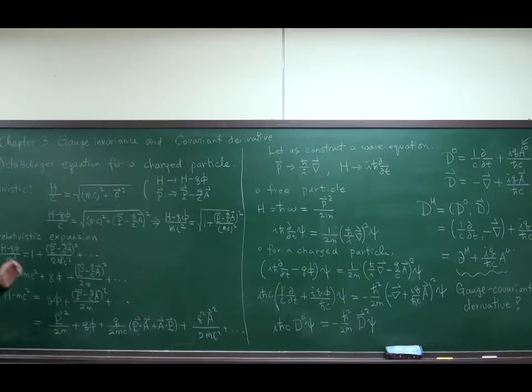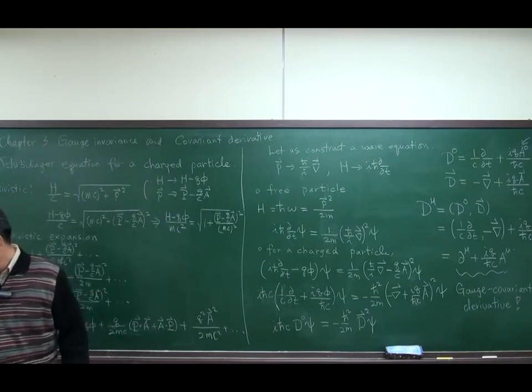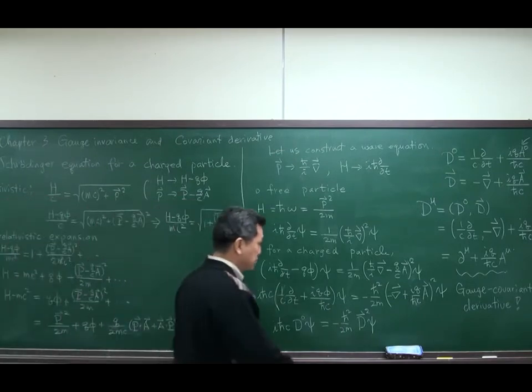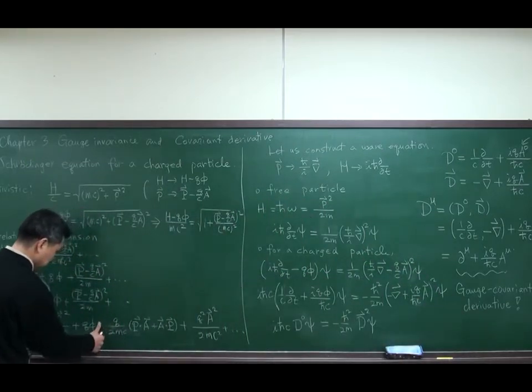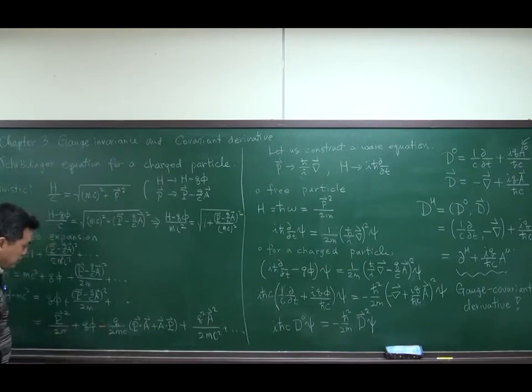If we expand this, the first term becomes the kinetic energy, p squared over 2m. And this is the electrostatic potential. And then we have the p dot A and A dot p terms, with a negative sign instead of a positive sign: q divided by 2mc, times p dot A plus A dot p.